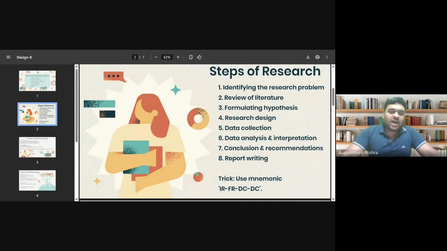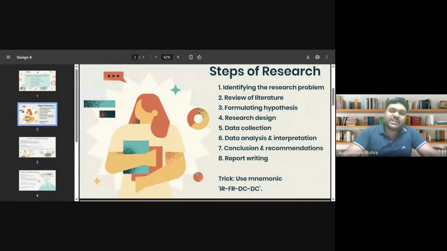Now I will move to another part, because I think we have covered many aspects of the research design. Now another one is data collection, because data collection is also a very important part of the research work. Whenever we are talking about data collection, there are two types of data: primary data and secondary data.